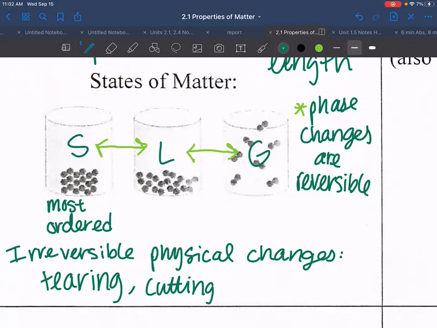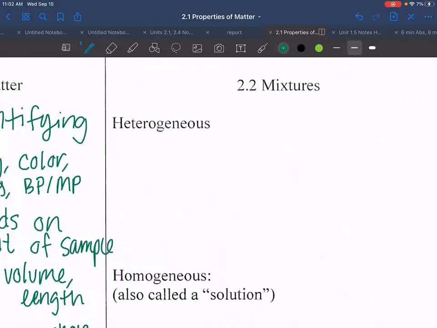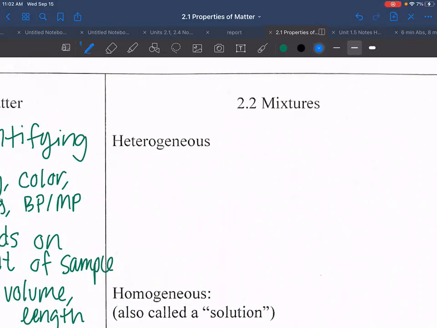All right. Now, 2.2. We talked about mixtures in 2.2. As for our mixtures, in order to be considered one, you need two or more, we're going to call them phases. How are they combined?